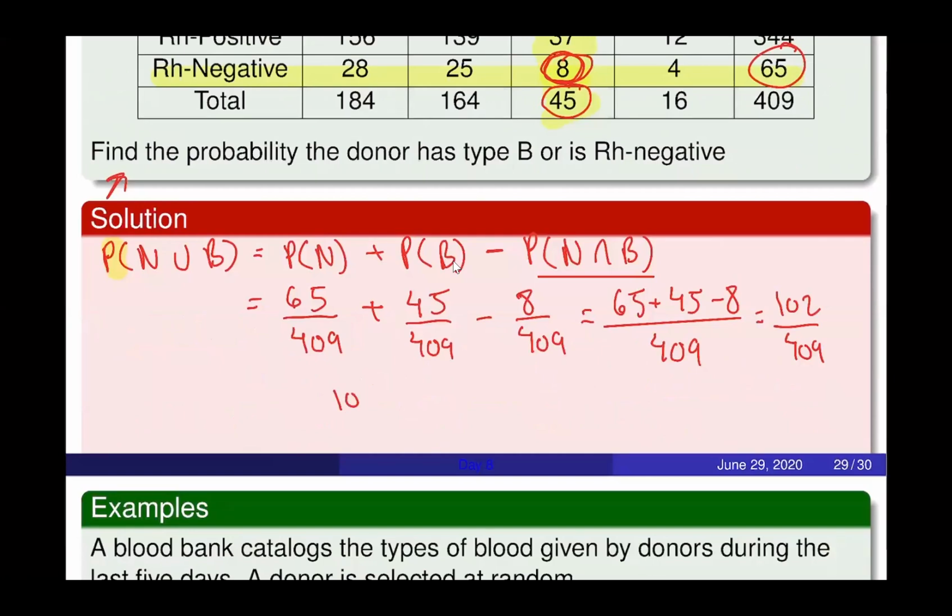If I do 102 divided by 409, you get 0.2494. So there's a 24% chance that if we randomly select somebody, they'll have either RH negative or their type of blood will be B. All right, and that's it for that second question. Any question in regard to that problem?